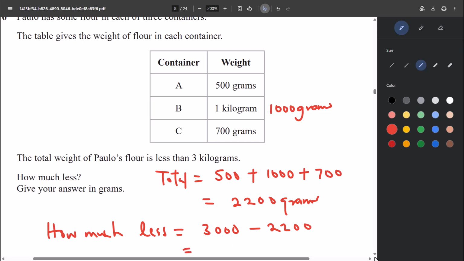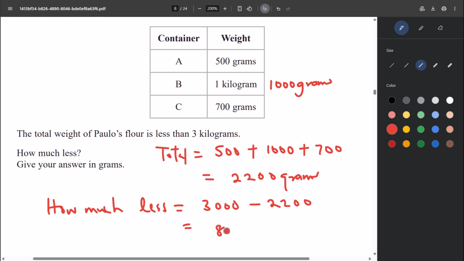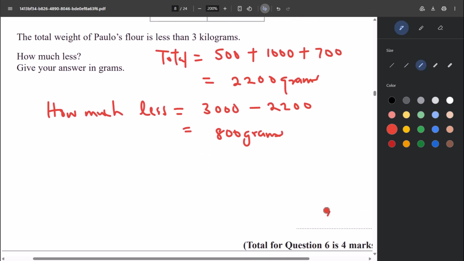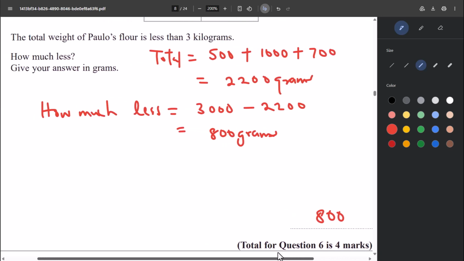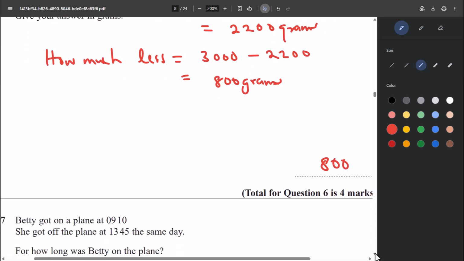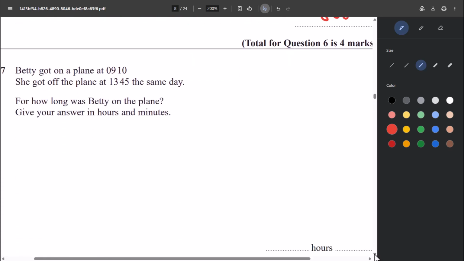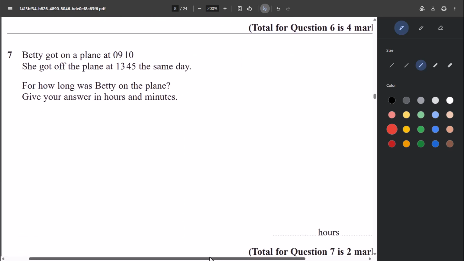And of course, you know that that will be 800 grams. So how much less? 800 grams. All right, so you got the grams here. We head on to the next question, and we've got this timeline.